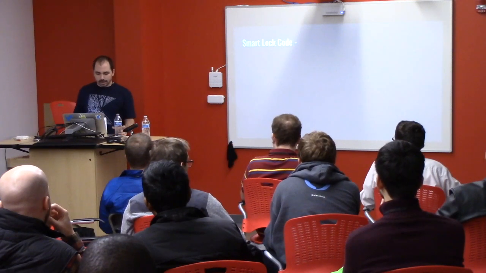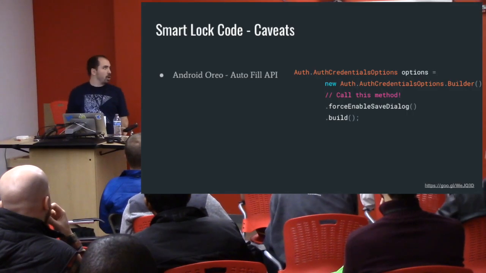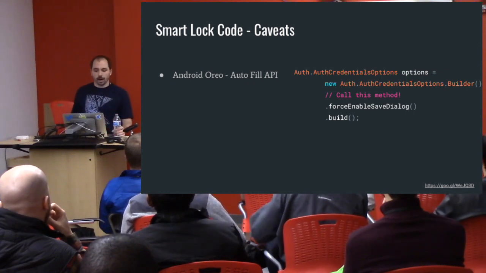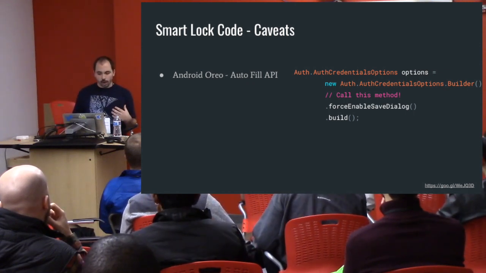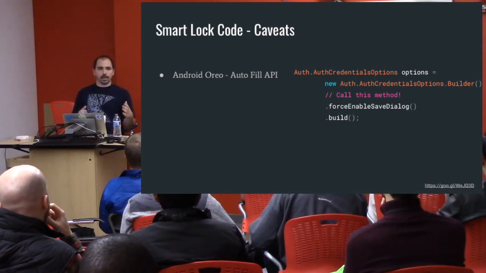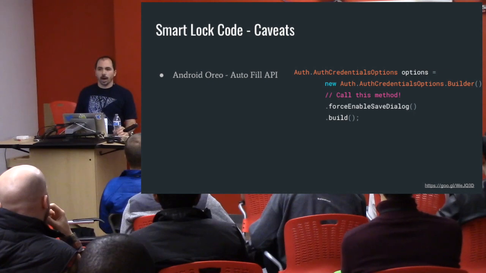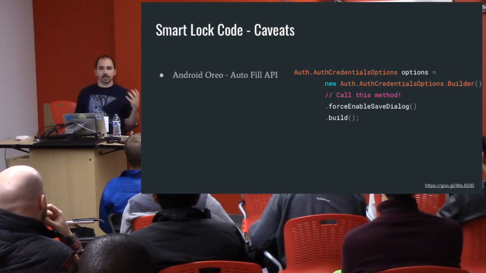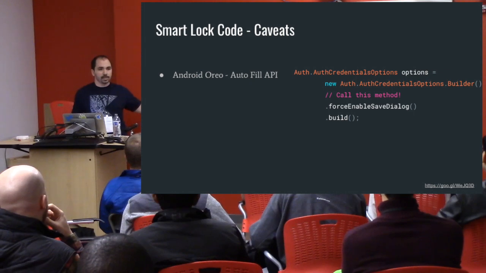So it's a really nice API to use, but there are a few caveats that you have to keep in mind. One is that with Android Oreo, they introduced a new API called the autofill API, which essentially promotes a password manager to the system level. So when the user signs in and then you call the save method, it may not show the dialog because it would instead go to the autofill API's version, right?